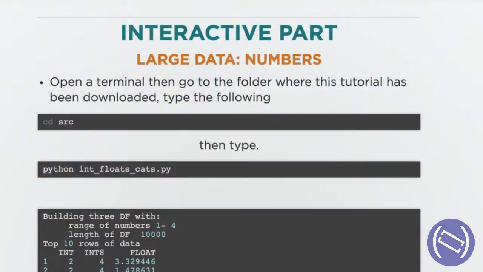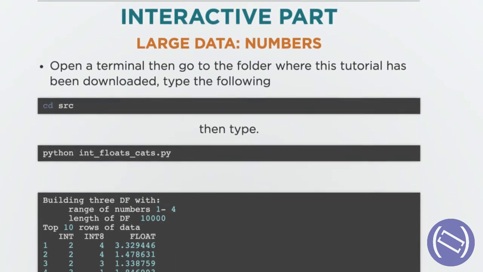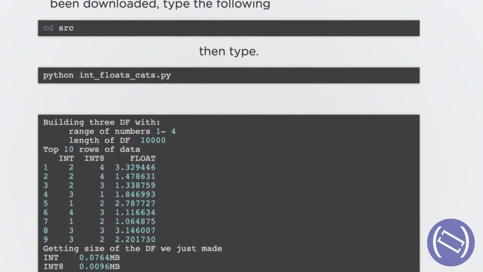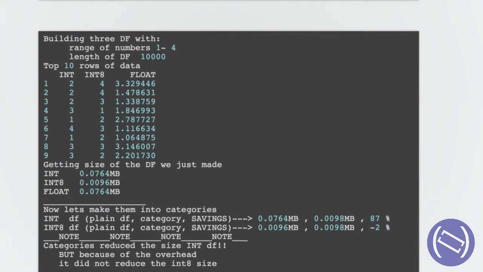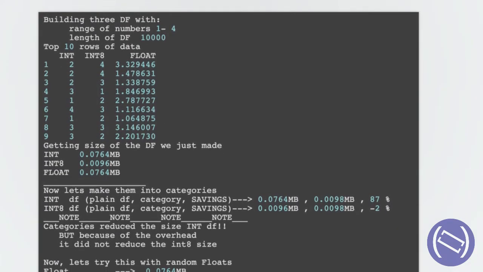So here's the index of the top 10 rows, and these are just randomly generated numbers from 1 to 4. I'm getting the size of the data frame. The int was 1/10 of a megabyte, and the int 8 is a factor of 10 smaller.